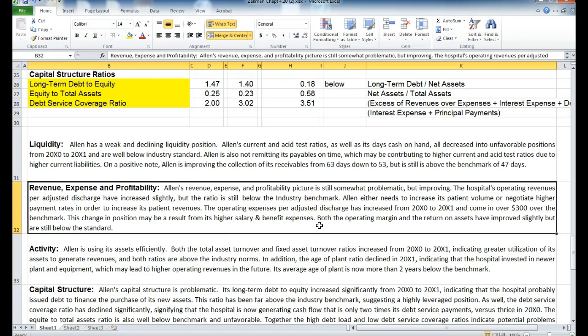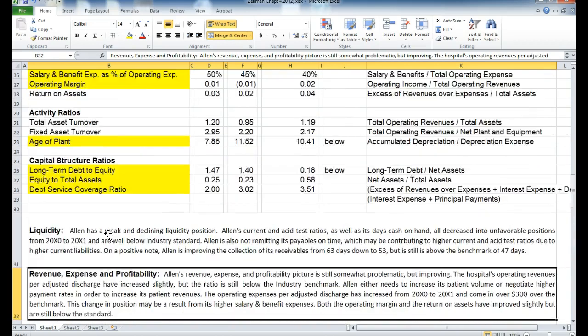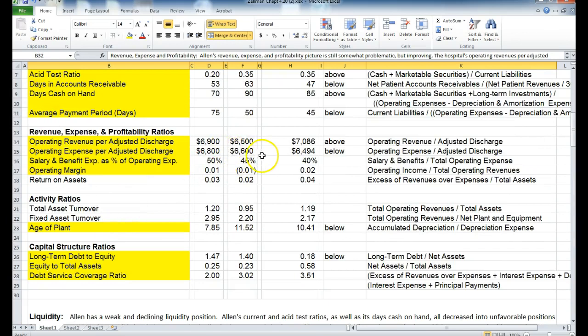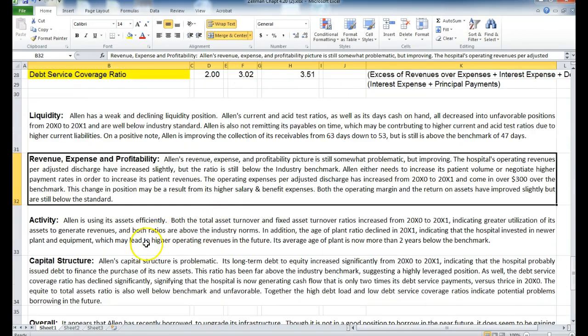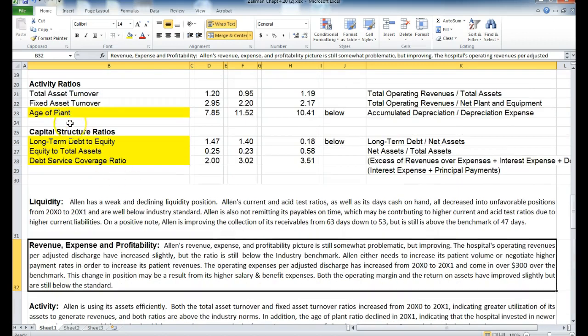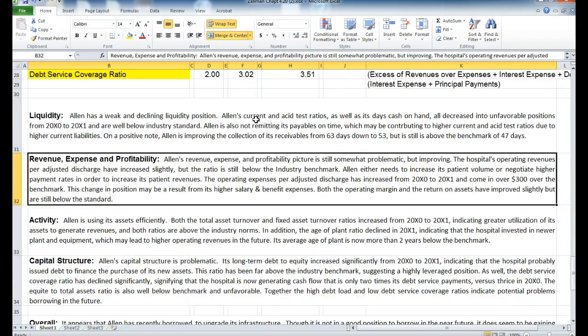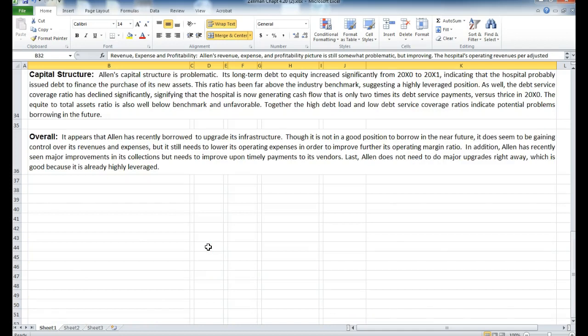They were over the benchmark, and I believe they were trending negatively here. We looked at the age of plant, and we thought, this is good. This is the one area where they are doing well, that they're using their assets efficiently, and the average age of plant is below the benchmark.